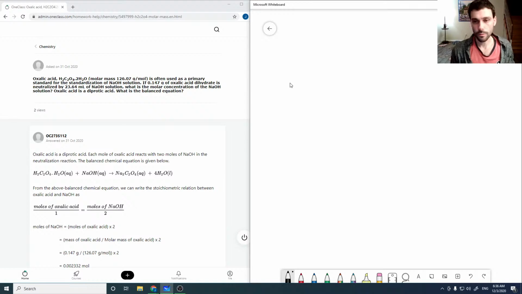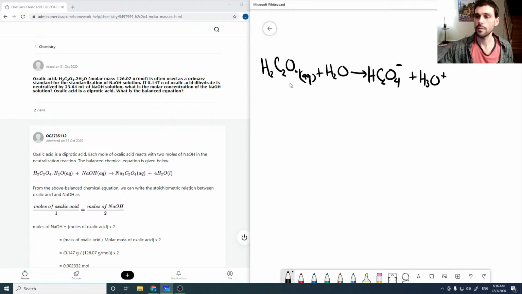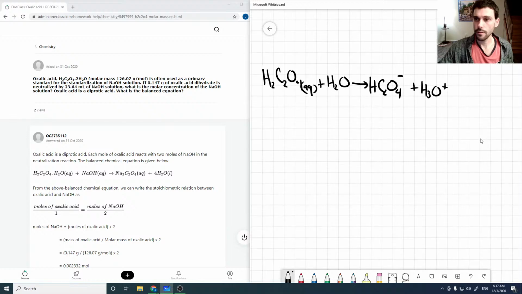Okay, so our oxalic acid is going to dissolve into the solution, and if we add it with water, it is going to give us HC2O4 minus plus H3O plus. I'm just going to scroll that down a little bit.